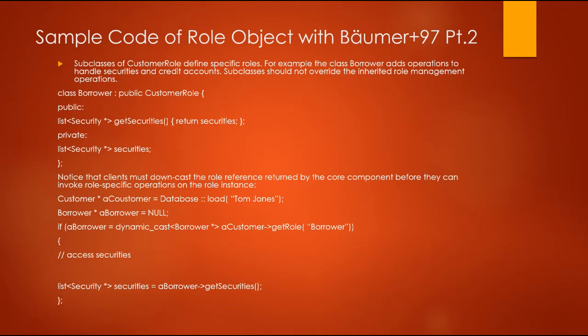Note that clients must downcast the role reference returned by the core component before they can invoke role-specific operations on the role instance. So then there's a Customer, a CustomerDatabase, loadCustomer, Borrower bar equals null. Then if bar equals a dynamic cast, it'll get the role of the customer.